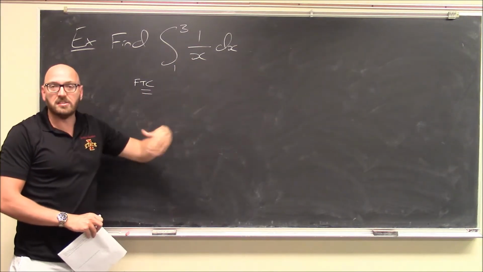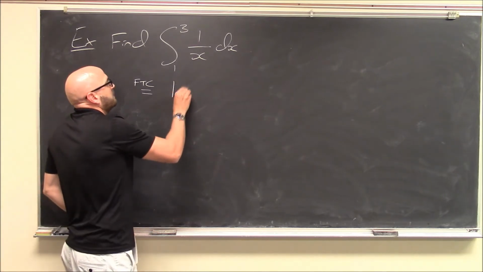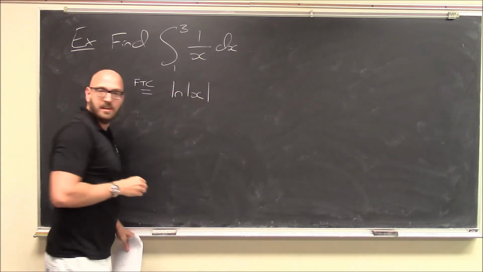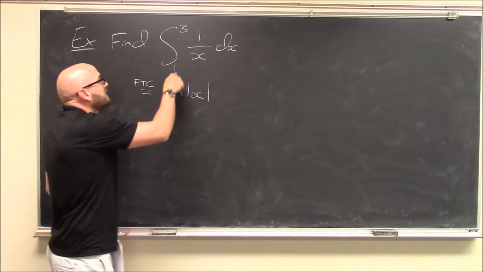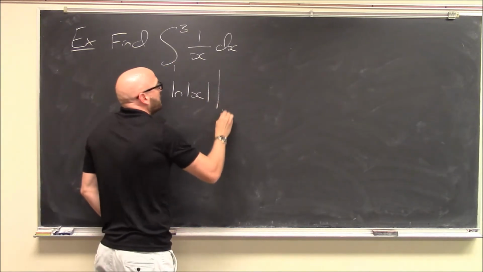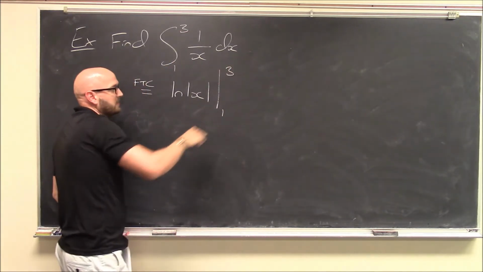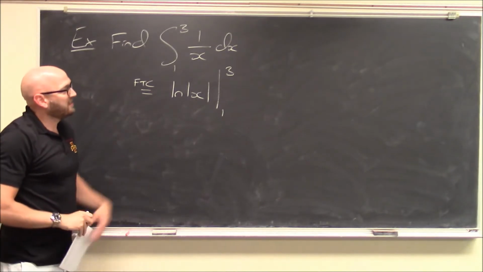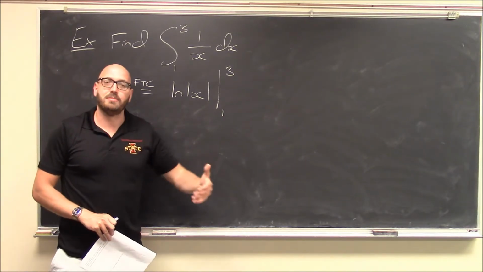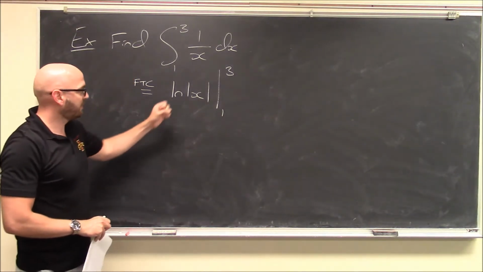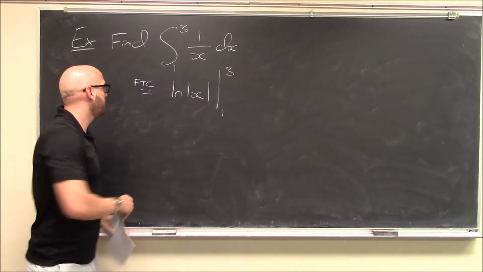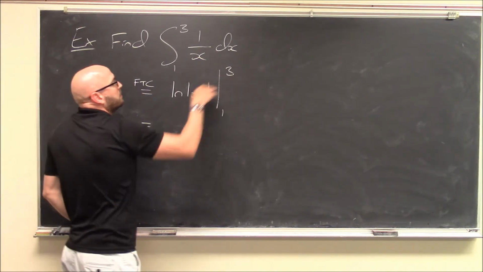The antiderivative of 1 over x is ln of the absolute value of x. And then I'm going to evaluate this at the endpoints, plugging in 3 first, and then 1. This is why this is nice notation, because you can break this up into two steps: 1, find the antiderivative, and 2, plug in the endpoints.